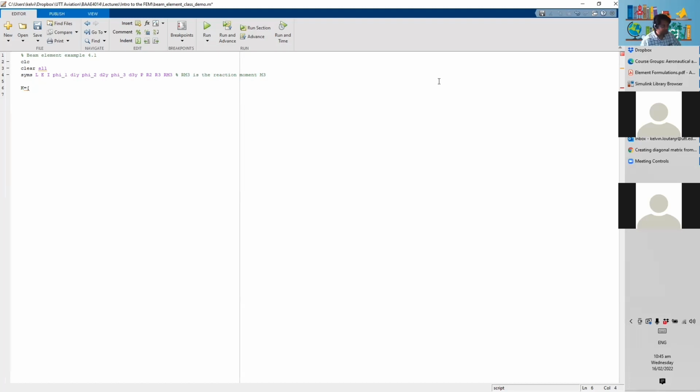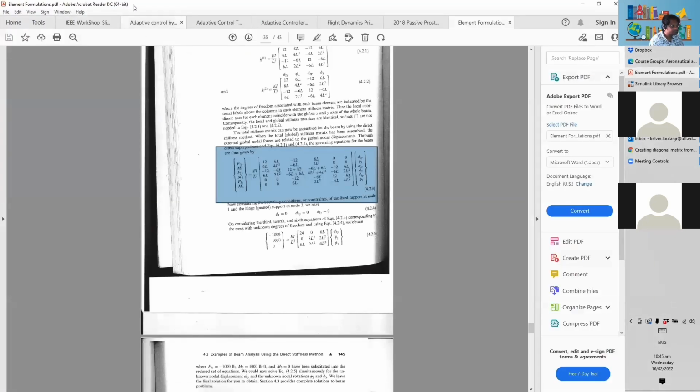Right, so you could follow along in your notes there. I'm not sure if I could split the screen here.